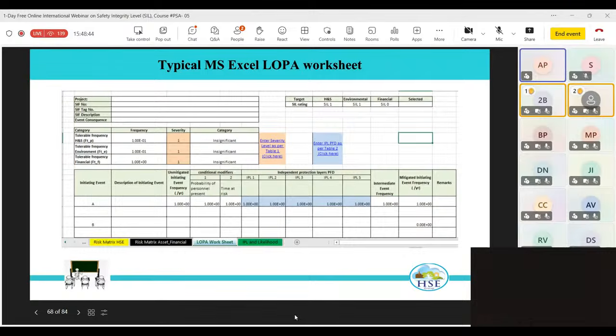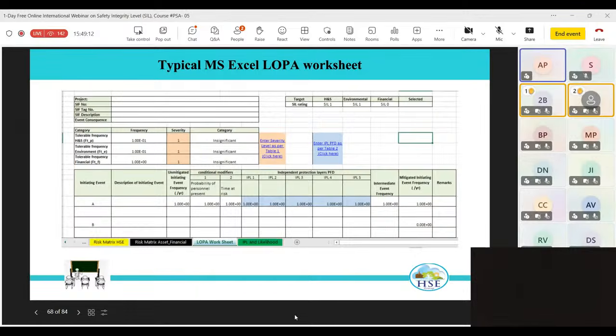That will be our SIF description. And the event consequence you can write down from the HAZOP: if the consequence happens, then the vessel may rupture due to high pressure.